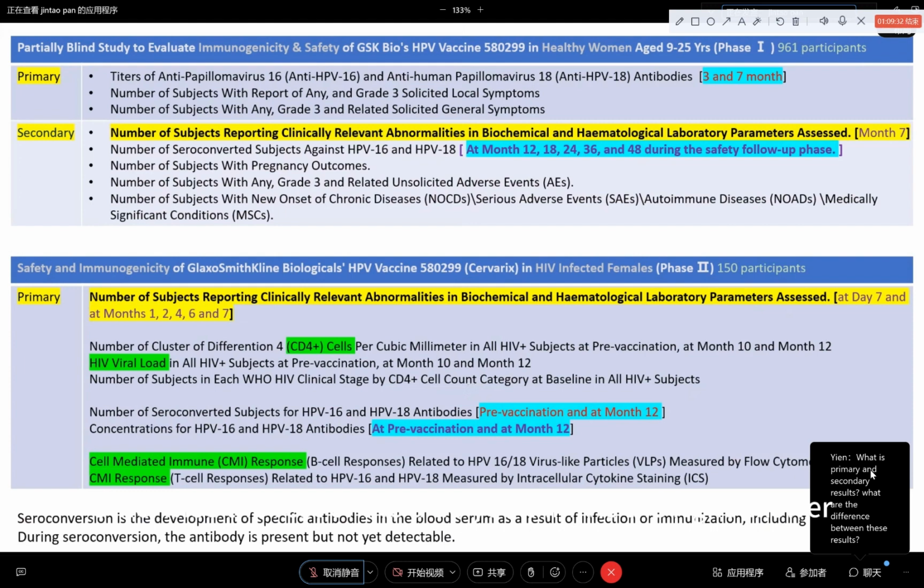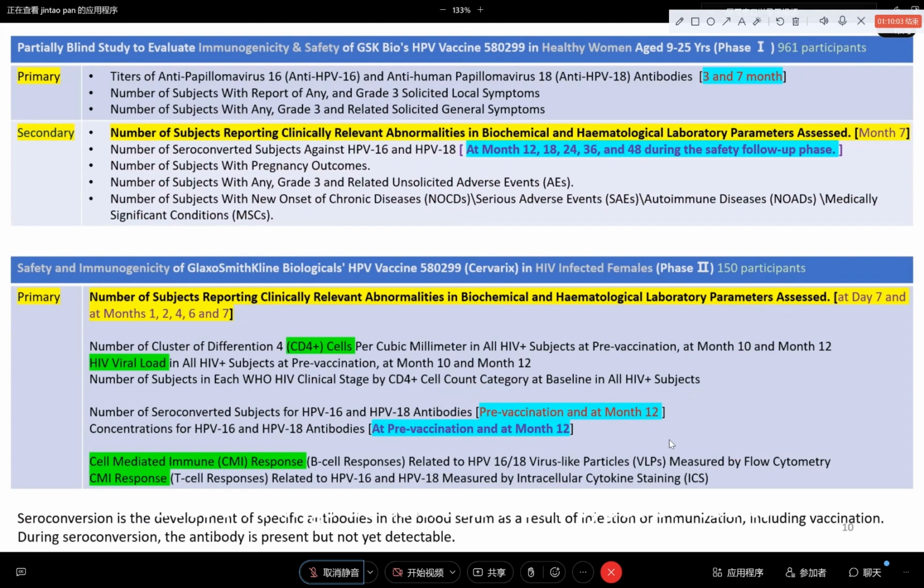What about the rest of the team? Do you think it's the right answer? Do you all agree or disagree? Papa and Sri? Yeah, agree. Jintao asked what the two types of results mean.